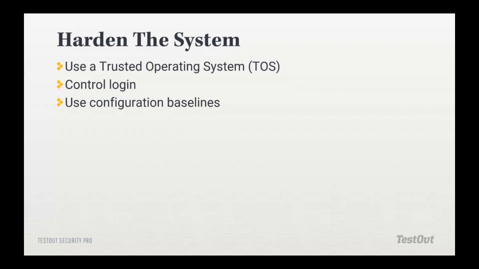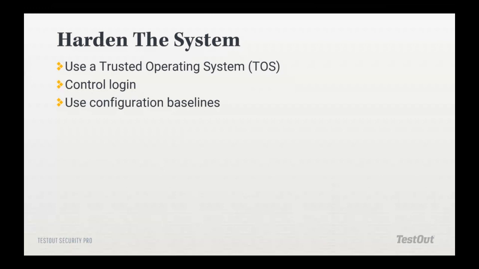A lot of these TOSs provide significant support for multilevel security. That's a system in which multiple levels of classified data reside within the same system, but users are not permitted to access data at different classification levels. Keep in mind also all personnel must have access approval on a need-to-know basis.